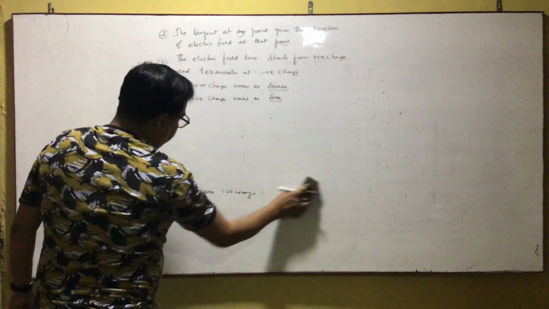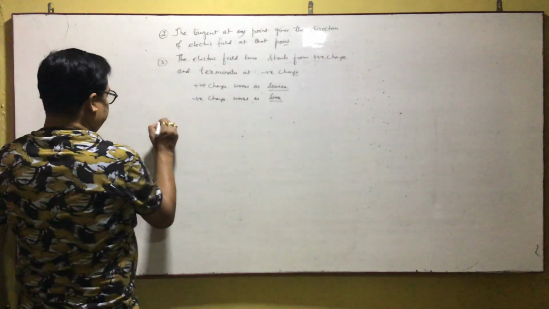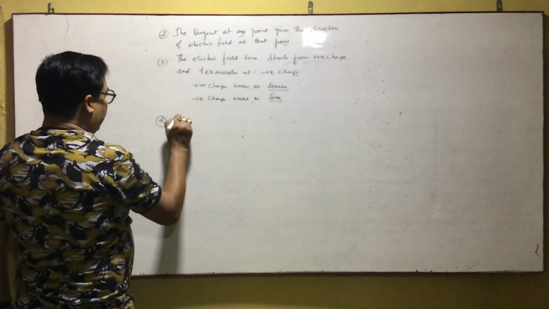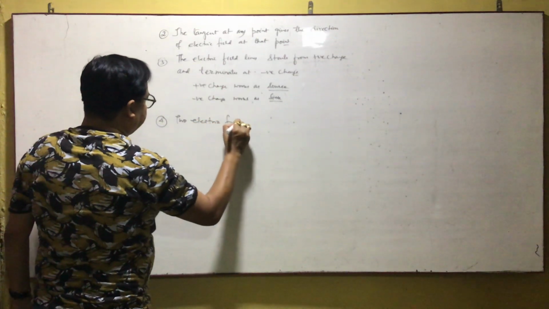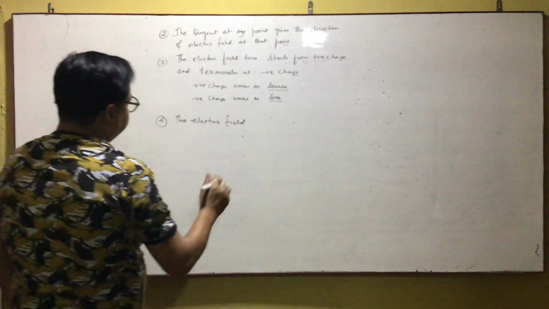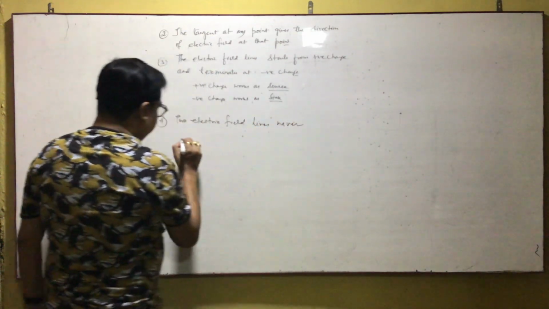Now property number 4. Two electric field lines never intersect each other.